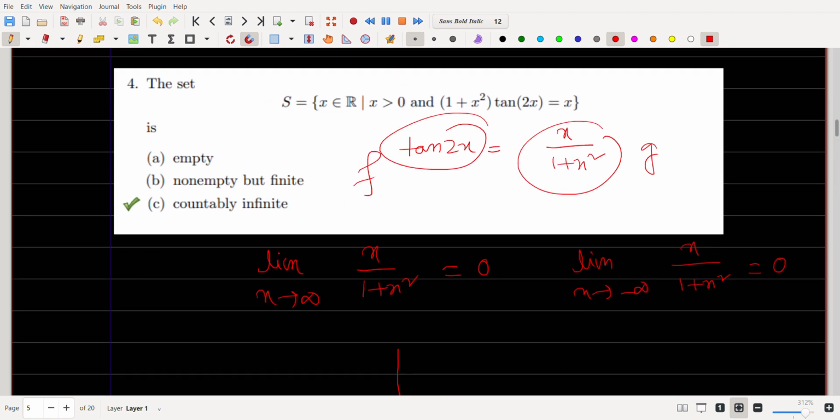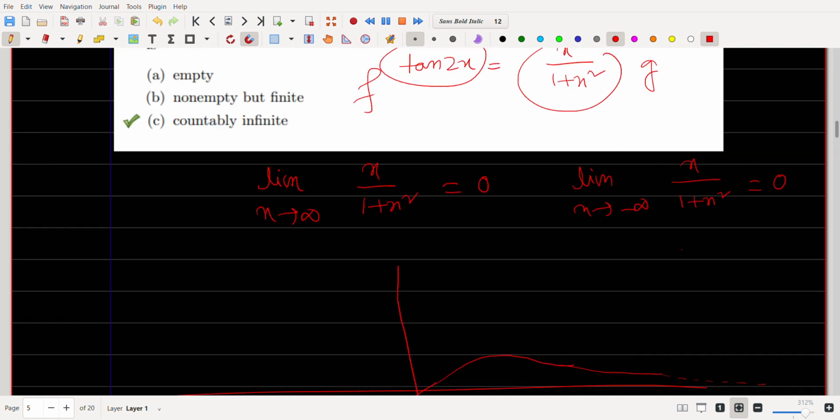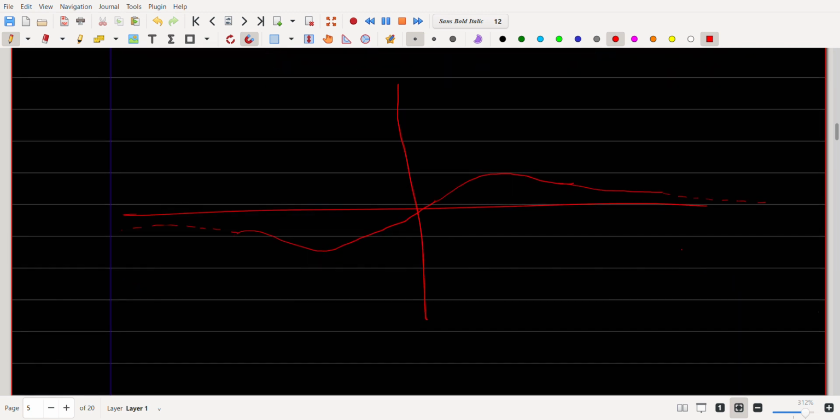Now if you want to draw tan 2x, it is possible for you to draw tan x, right? And you can do the same thing for tan 2x, but you need to be careful because it is 2x. So here it is pi by 4, here it should be 3 pi by 4, here it should be 5 pi by 4, and so on.